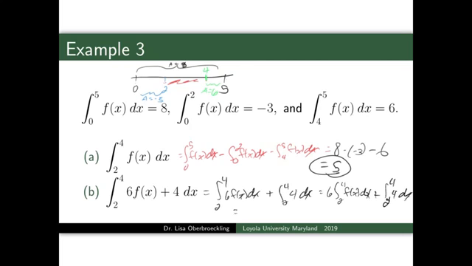Using this, we're going to use the fact that we know what this value is from part A. So that's going to be 6 times 5, the 5 coming from here, plus 4 times b minus a. So that was that c times b minus a.